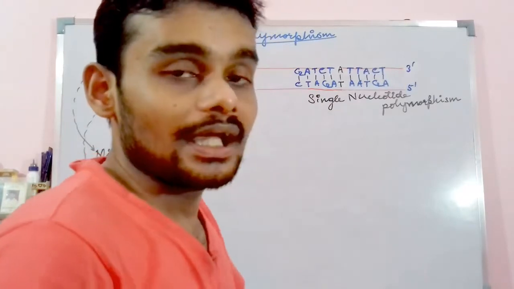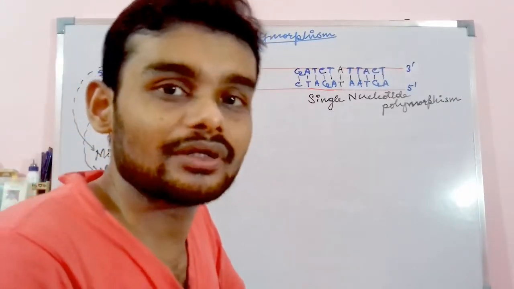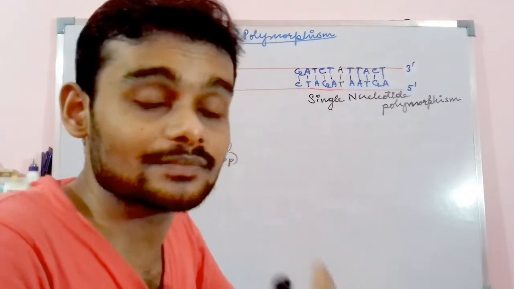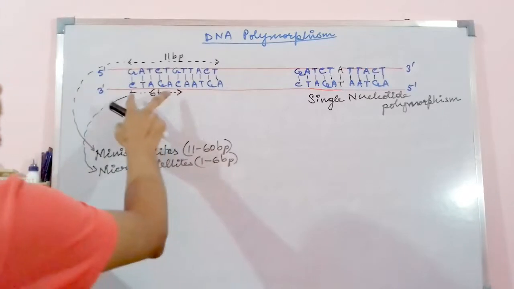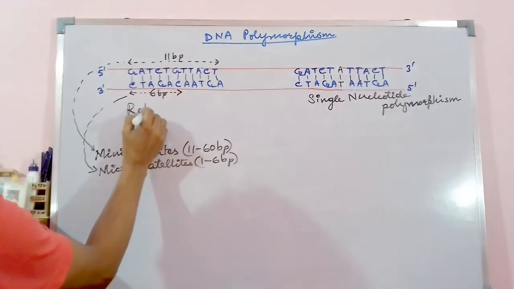Polymorphism means the structure of the DNA sequence would be different. The structure of the DNA sequence means the repetitive sequence. These sequences are known as repetitive DNA.